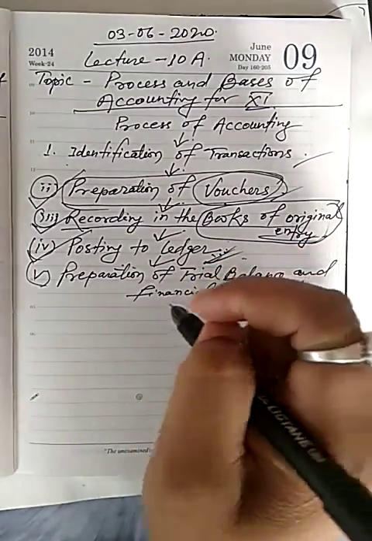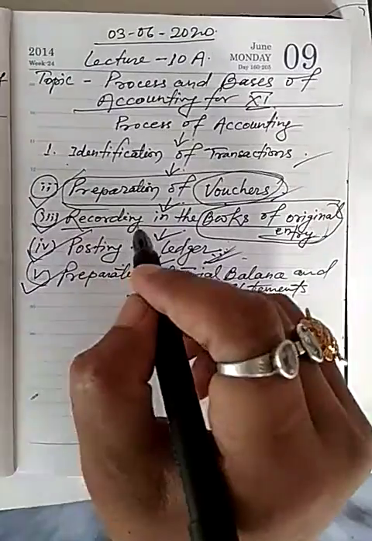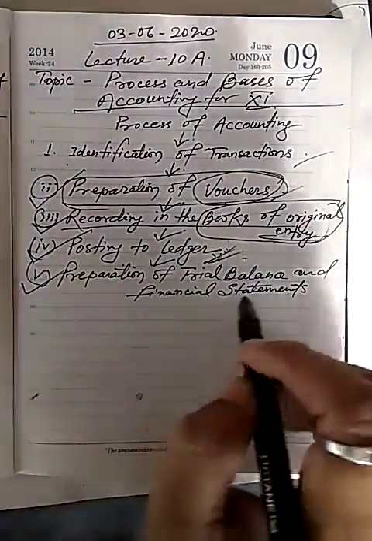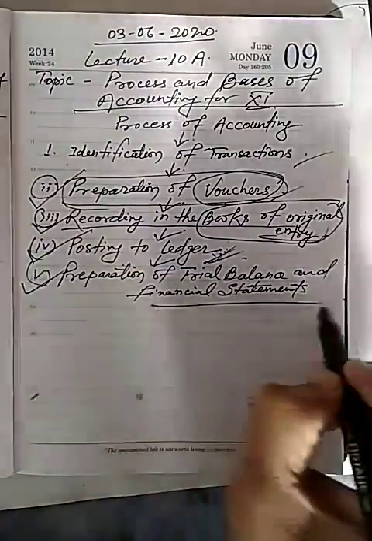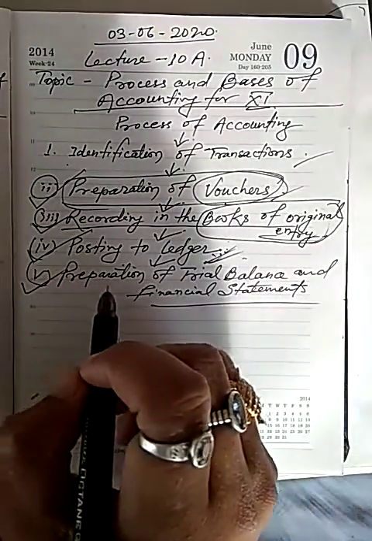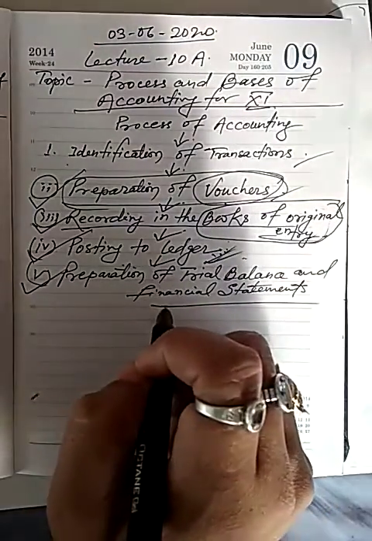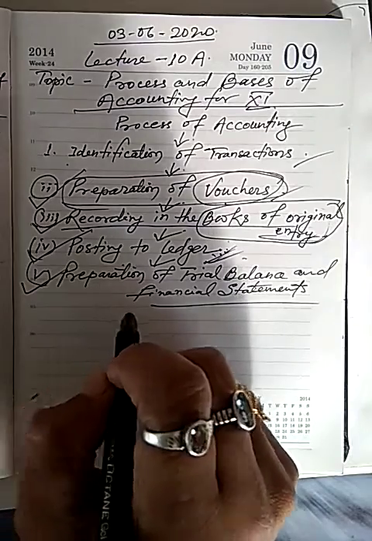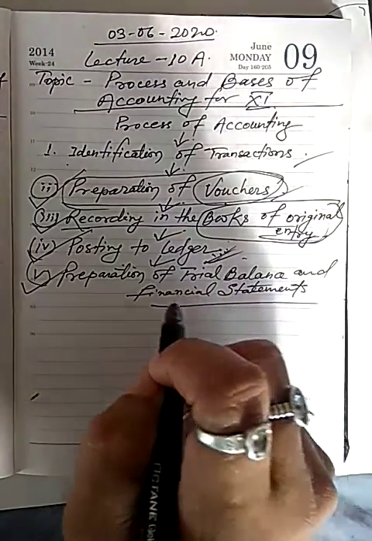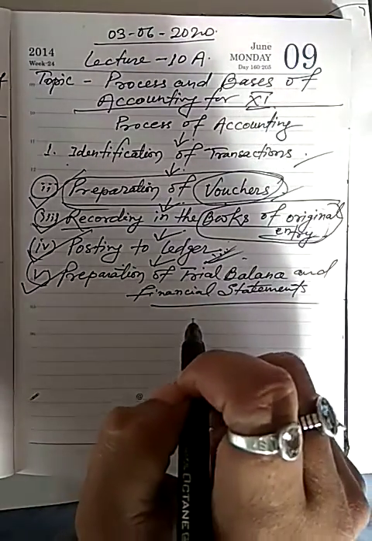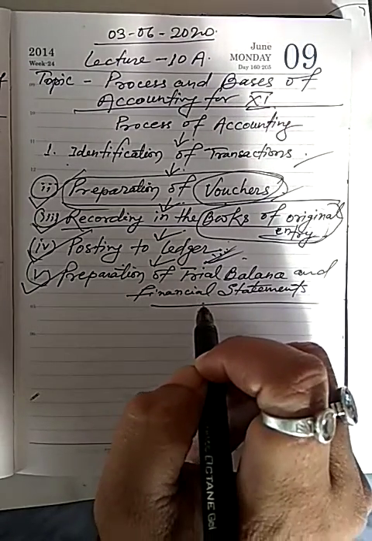Now, last point is preparation of trial balance and financial statement. Last step in the accounting process is the balancing of ledger account and the preparation of trial balance.